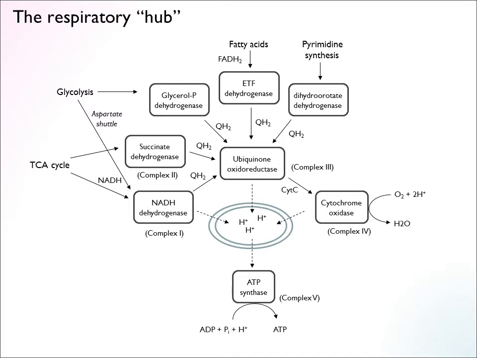There's one that is active in pyrimidine synthesis, and I'm sure there are a couple of others which I haven't included here. But overall, we can see that this is a way of organizing metabolism, oxidative metabolism of various substrates, around this hub of proton pressure as a form of energy storage.